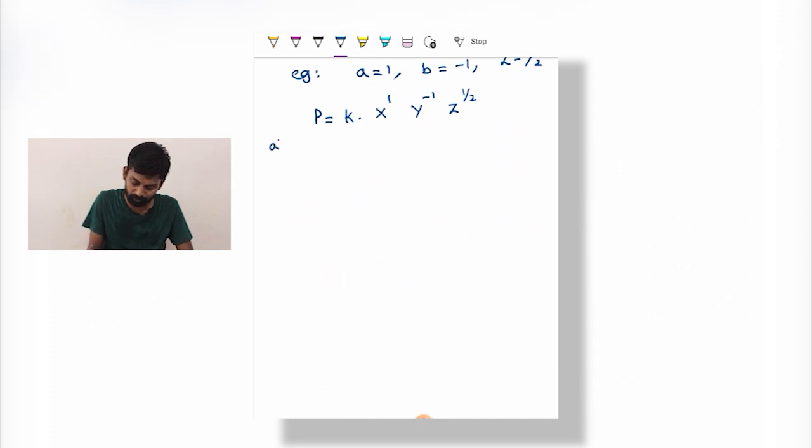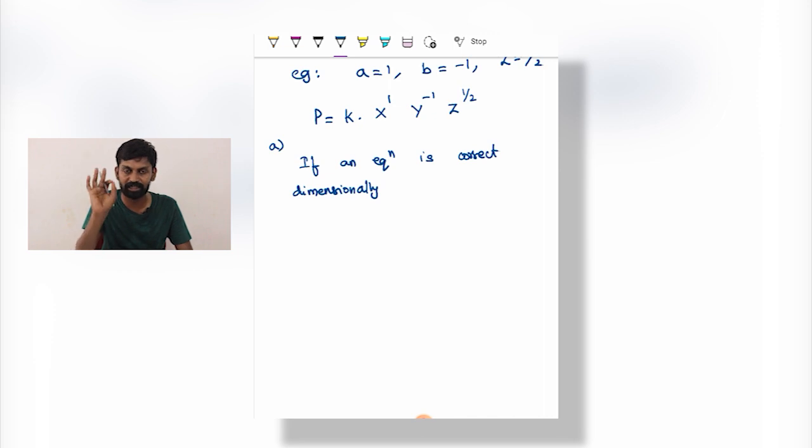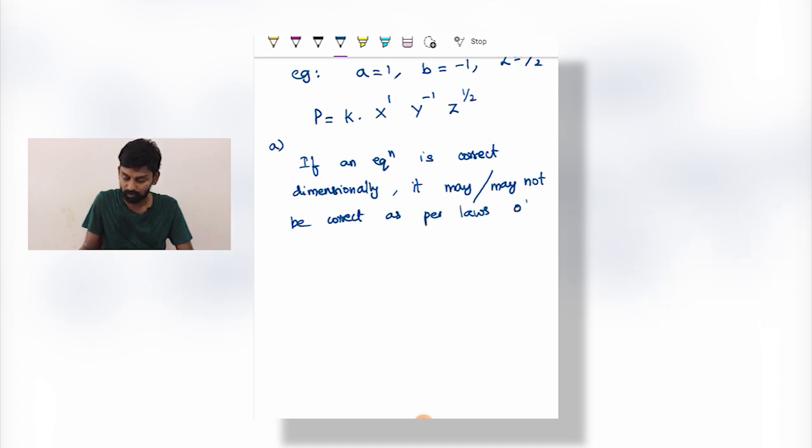The first one being, if an equation is correct dimensionally, that is, correct according to units and dimensions, it may or may not be correct as per the laws of physics, because you have used only this technique of using these dimensions.